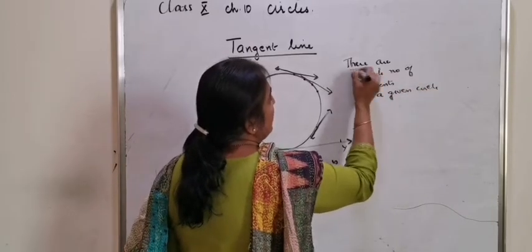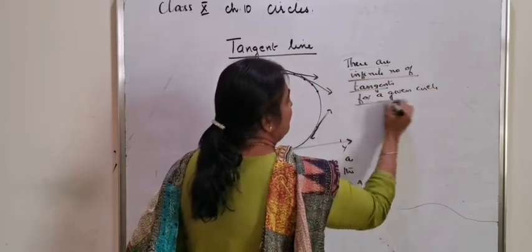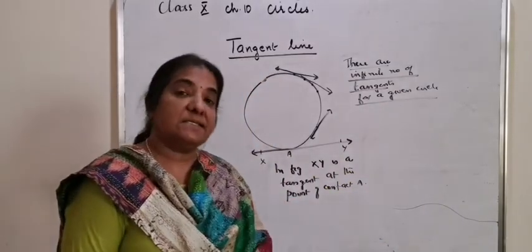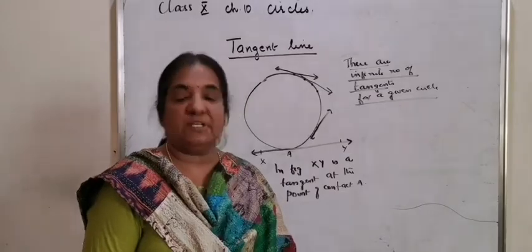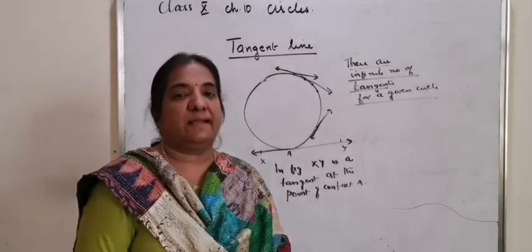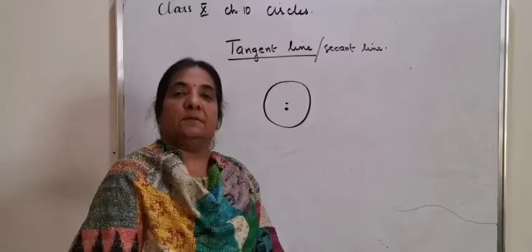So the first property is there are infinite number of tangents for a given circle, because a circle is made up of infinite number of points, and at each point there can be a tangent.